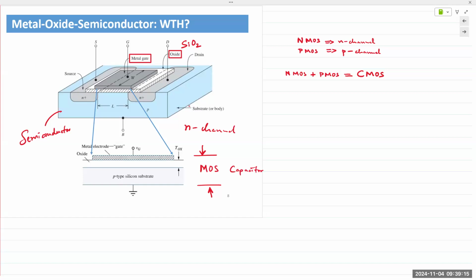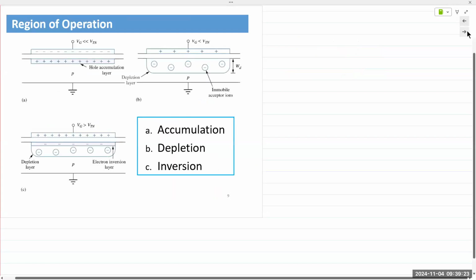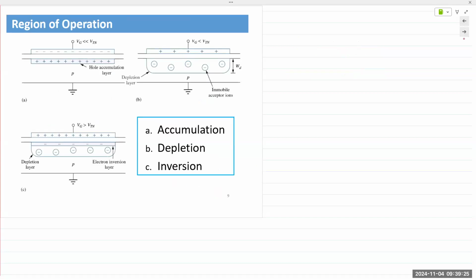Now, the key difference between the MOSFET and the JFET is that the JFET is a depletion mode device. When you manufacture a JFET, the channel is already present. So we have two terminals.